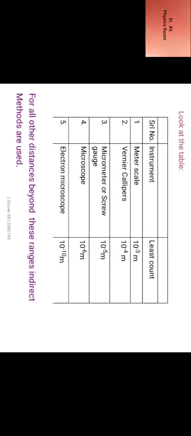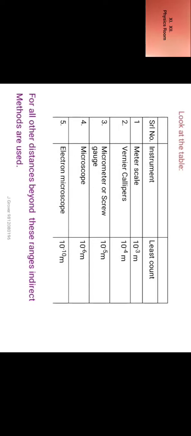Screw gauge, that is micrometer, is another instrument used to measure minimum length up to 10 raised to power minus 5 meter, that is 0.001 millimeter. Microscope is used to measure lengths up to 10 raised to power minus 6 meters.